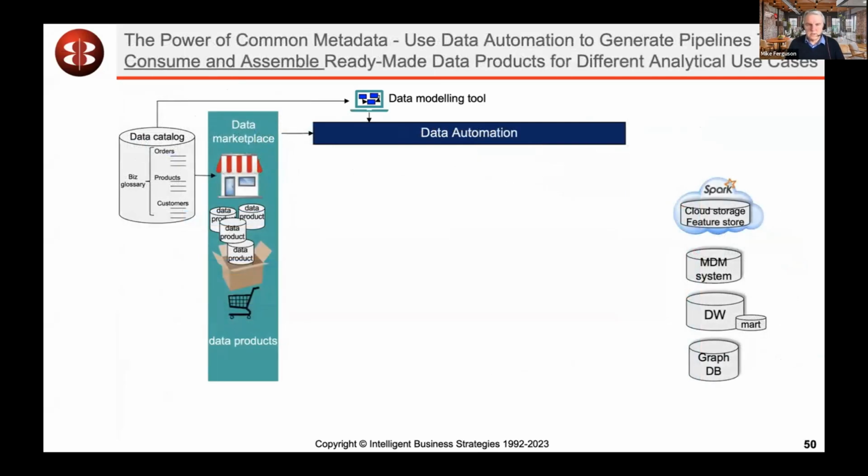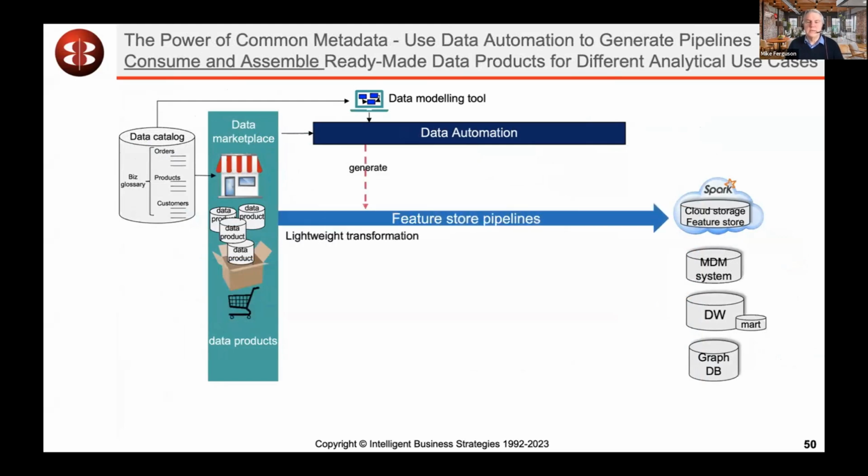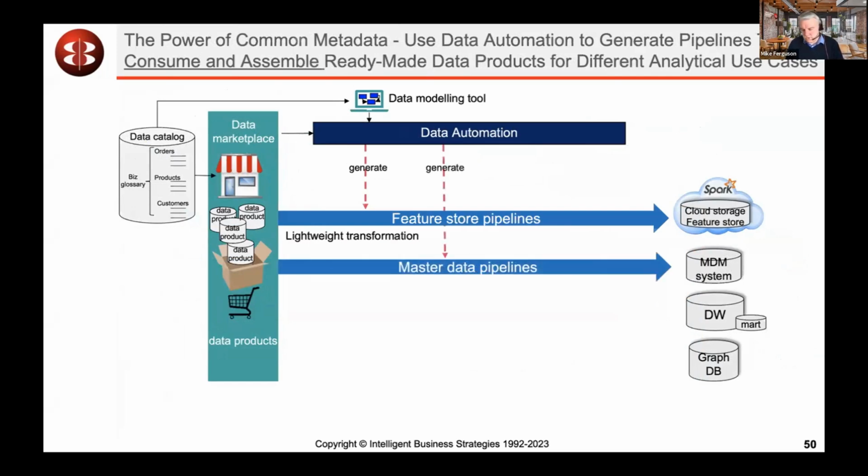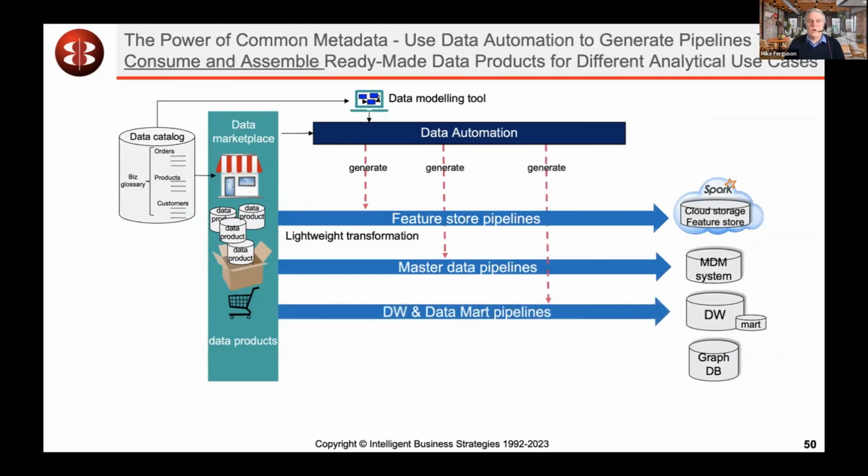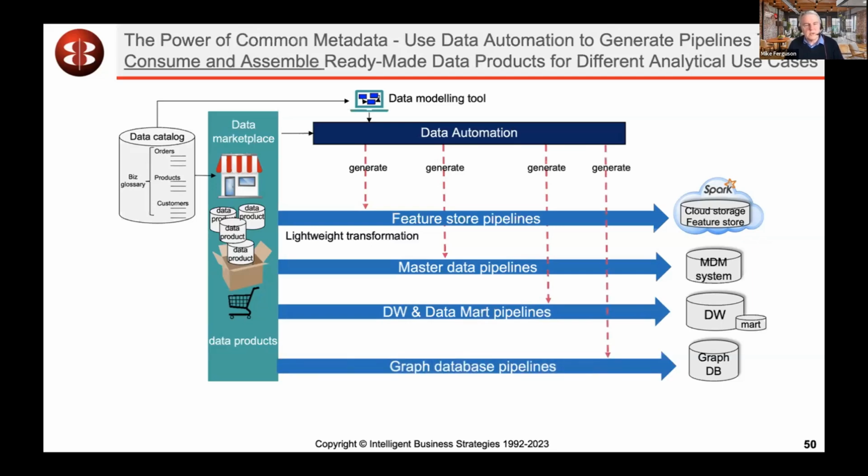In addition, I can then use automation on the consumption side. So where the source is not the raw data sources, but the data product. Now what I can do is take the data products that I need and assemble them almost, for a feature store, or to put master data products in an MDM system, or to build a warehouse by picking the data products that I need, or a data mart, or a graph database.